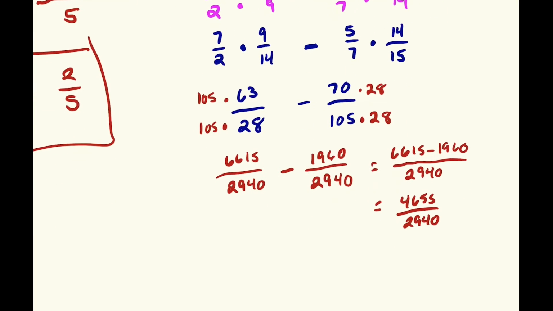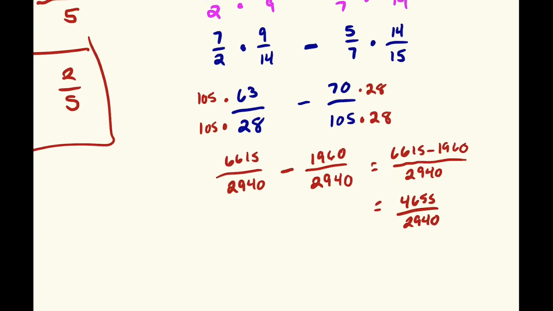So that's a pretty big answer, right? But we can reduce that if we want, or we can try to change it to a mixed number if we would like. If we want to reduce it, we can. We just need to try to find a number that goes into both. I believe 5 goes into both.